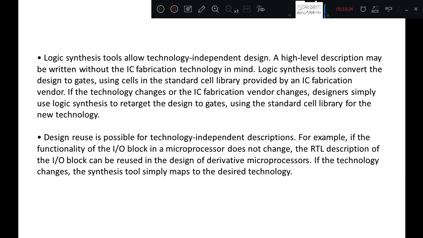Without bothering which target device we are selecting, we are writing higher level blocks, which we call technology independent design. One more term you will see repeatedly in this video is RTL description. RTL description is nothing but an HDL description consisting of data flow and behavioral style of coding mixed together.